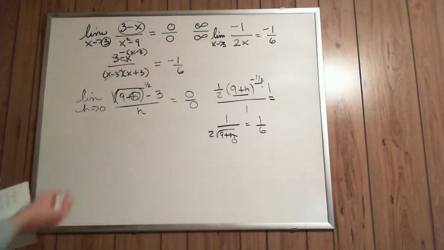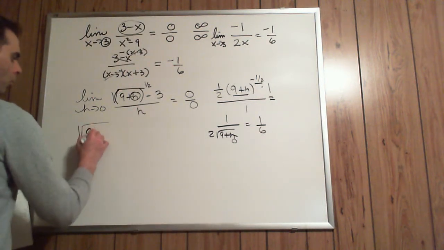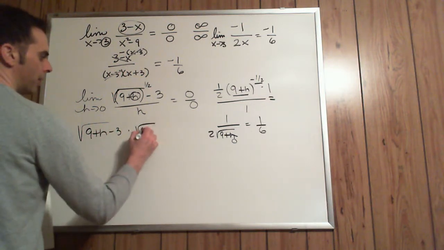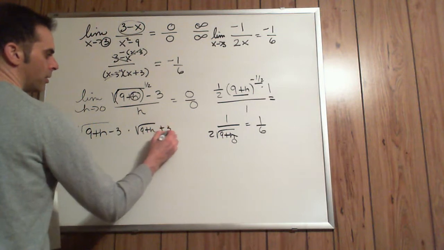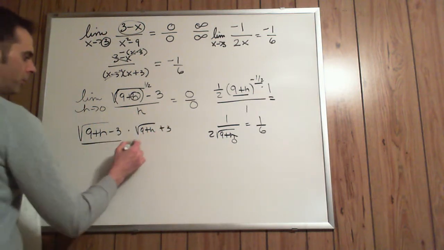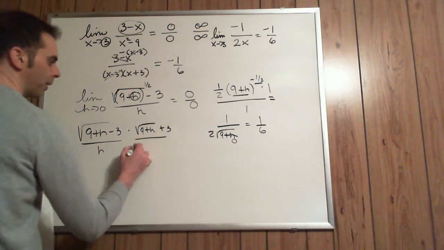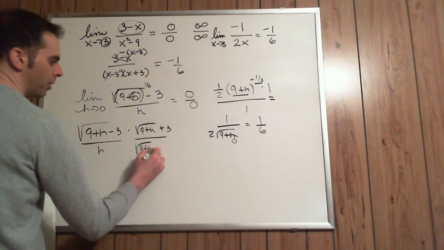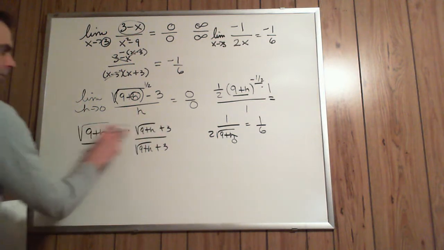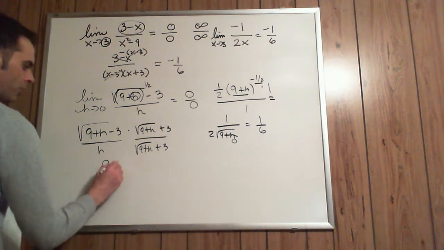In this one, to do it the long way, we would multiply top and bottom by the conjugate, which is the square root of 9 plus h plus 3. And remember that we always multiply out the conjugates, so that this times this would be 9 plus h.